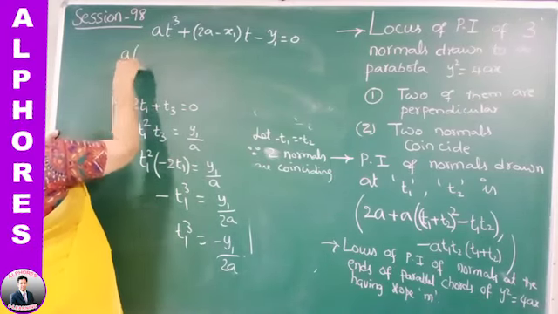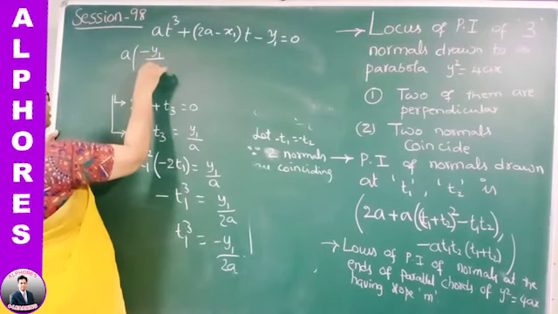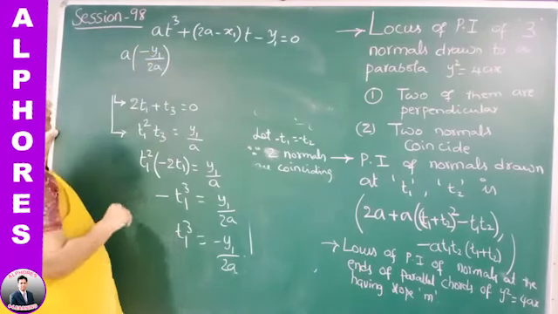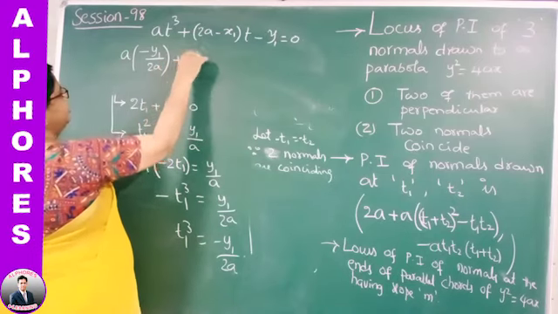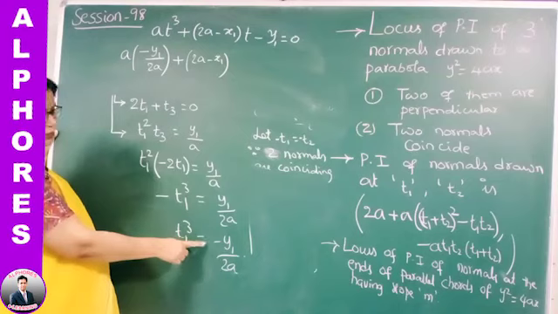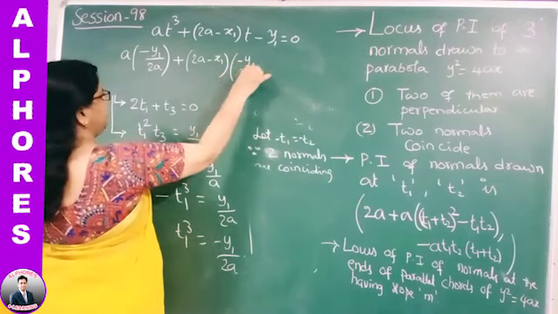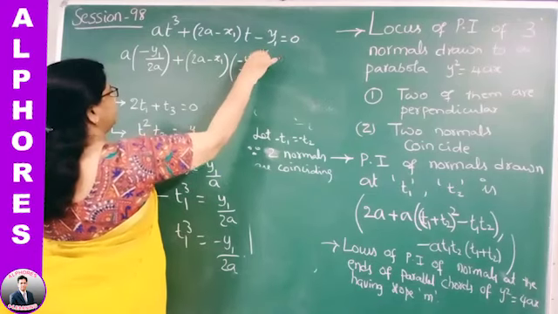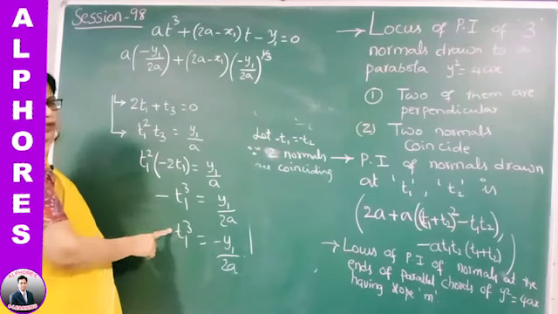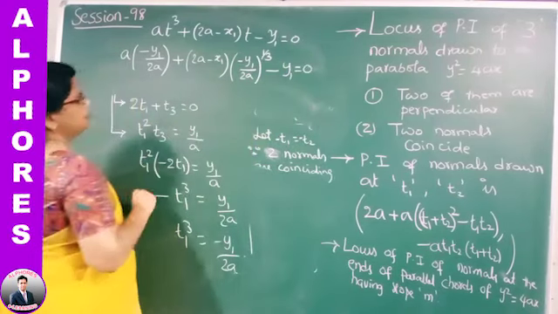So A into T1 cube implies minus Y1 divided by 2A, directly we write. And next plus 2A minus x1, and into, what about here the T value? T means it is minus Y1 by 2A to the power of 1 divided by 3, only T1, and minus Y1 is equal to how much here, 0.